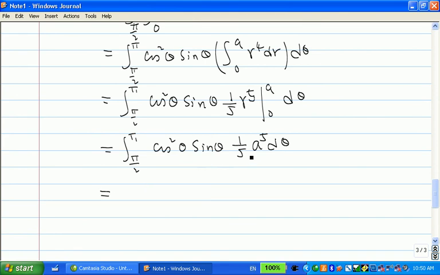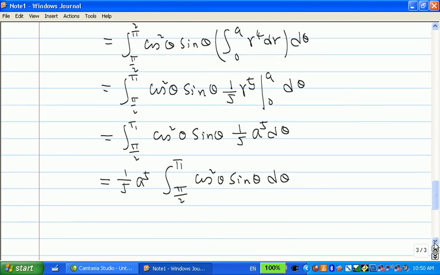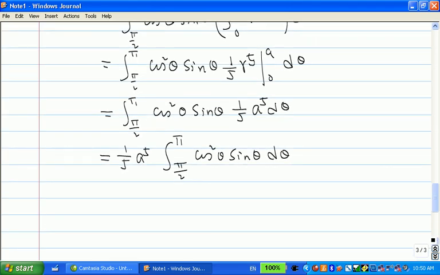Okay, how do we integrate this? This is a constant. Take that out. Cosine squared theta, sine theta, d theta. How do we integrate this? Remember, we use variable substitution. Let u equal cosine theta.